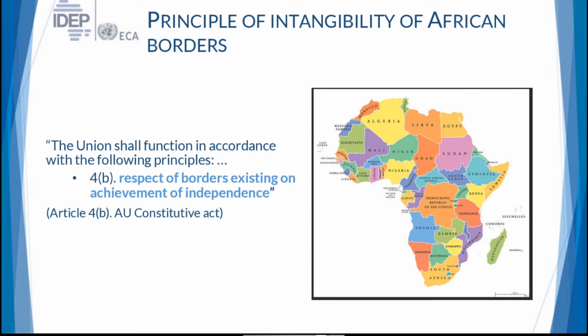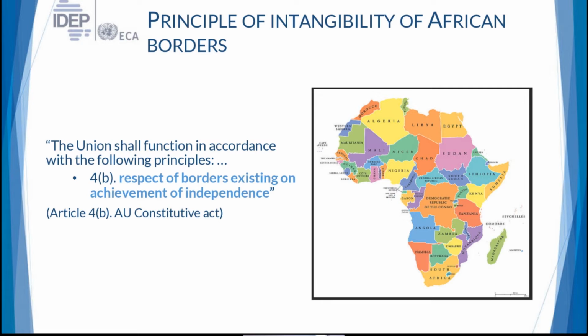The Constitutive Act states that the Union shall function in accordance with the following principle. This is 4B of the Constitutive Act: respect of borders existing on achievement of independence.